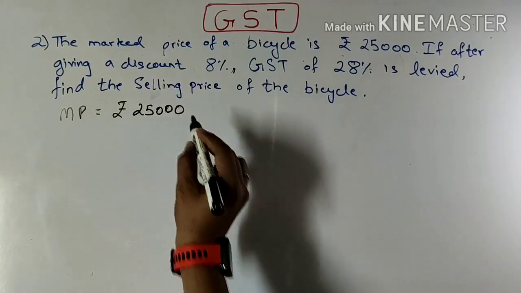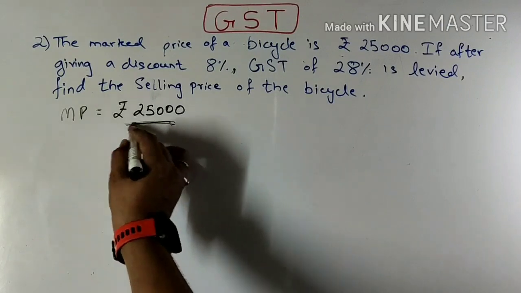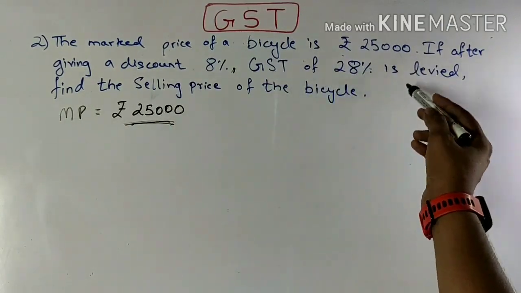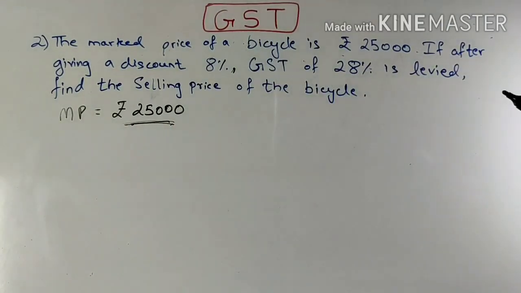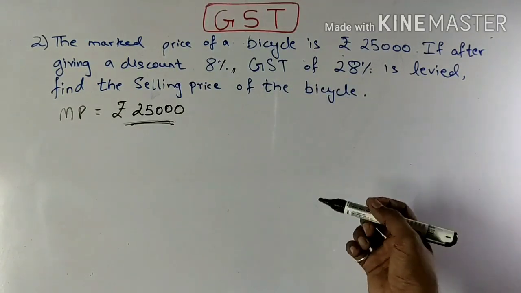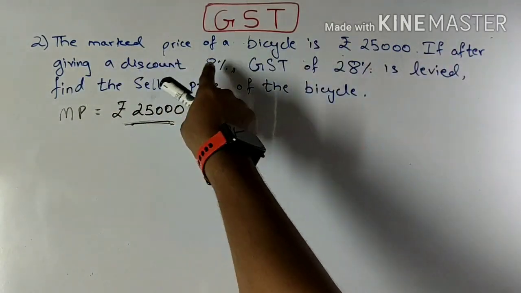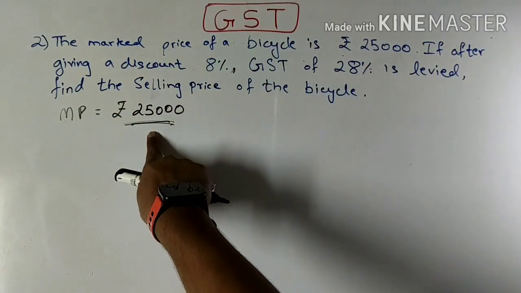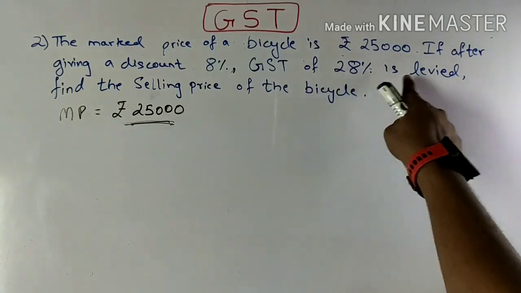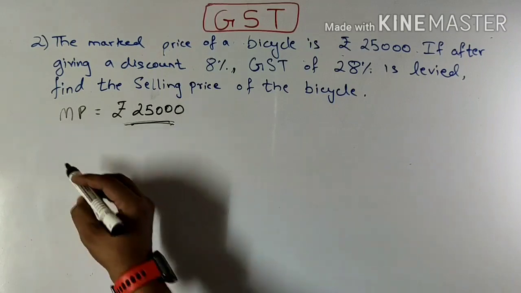Now the customer has been given 8% discount on this, and then GST of 28% is levied on that amount, the discounted amount, not the marked price. So on the discounted amount, follow the order given. So 8% discount is given on this, and then GST of 28% is levied on the discounted price.